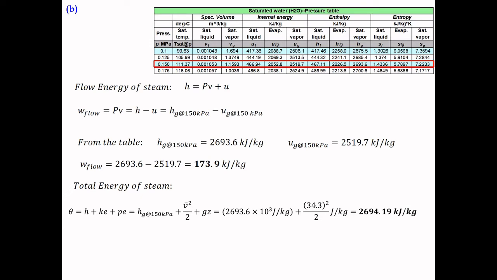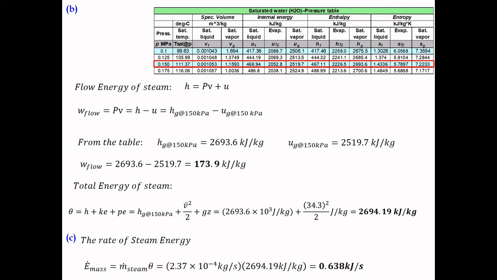So Hg at 150 kilopascal plus V bar square divided by 2 plus gz equals 2693.6 times 10 power of 3 joule per kg. We need to change from kilojoule to joule per kg because the term for kinetic energy uses joule. So we have the average velocity 34.3 square divided by 2. We neglect the term for potential energy. So we get the total energy of steam equal to 2694.19 kilojoule per kg.